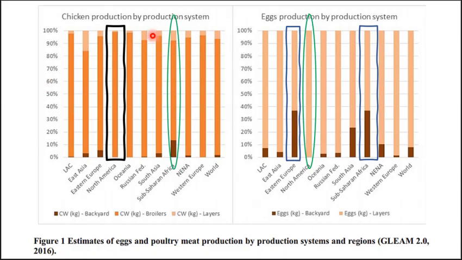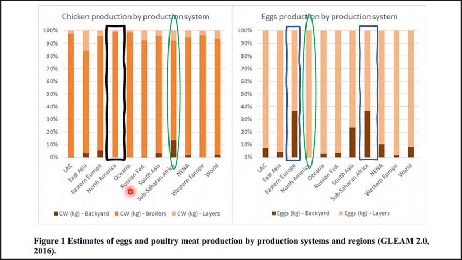And then, we have here graphs showing the estimates of egg and poultry meat production by production systems and regions. So, those with darker shade, so yung darker shade, backyard. Kapag naman kalagitna or sa orange yung kulay, broilers. And then lighter shade, layers. Okay, so this is the lightest shade, layers.